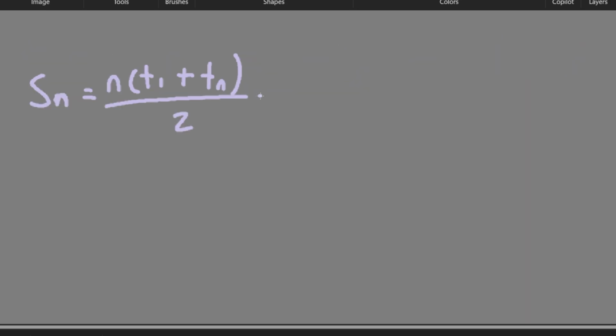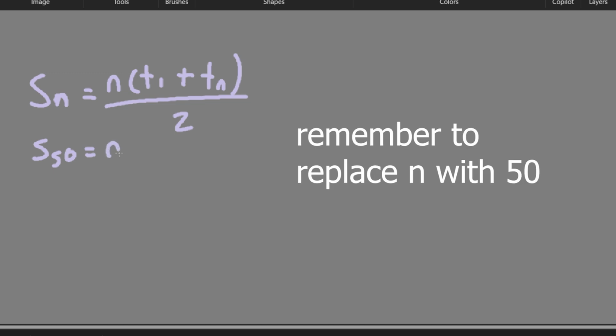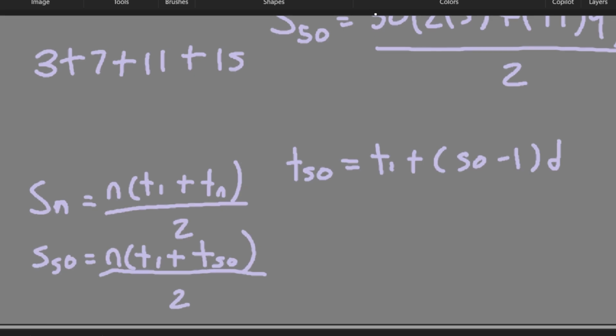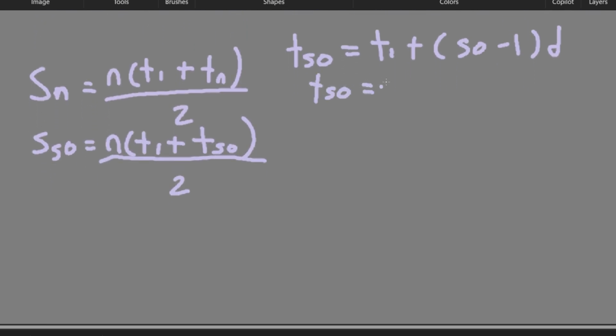You could also use this formula. But now, because we're using this formula, S50 will be equal to n(T1 + T50) over 2. So now we've got to determine what T50 is. T50 is equal to T1 plus 50 minus 1 times the common difference, which was 4.